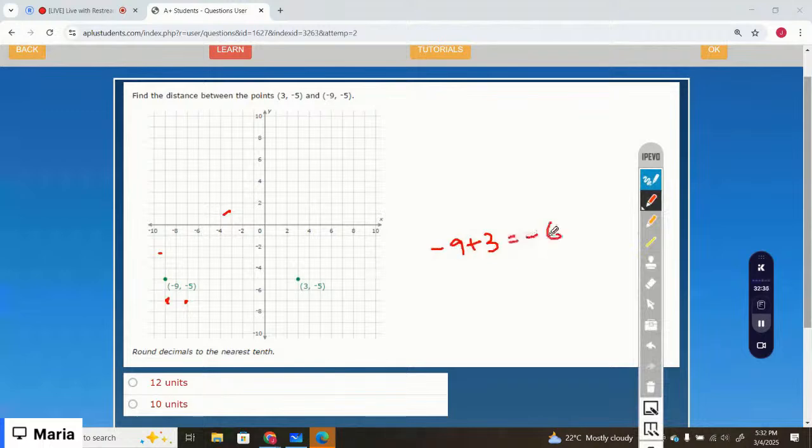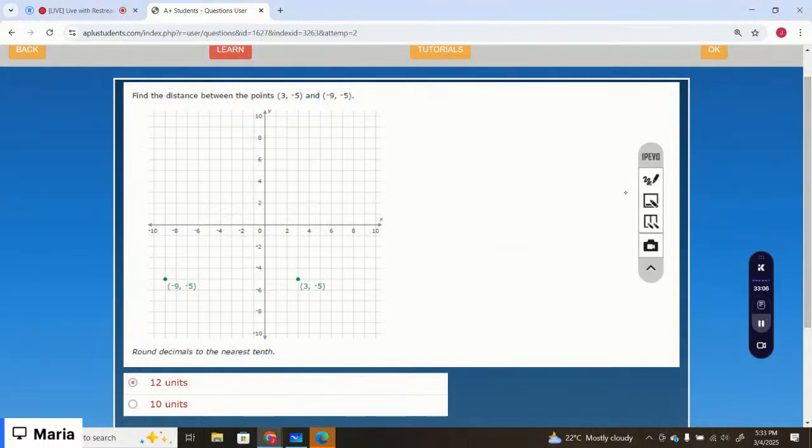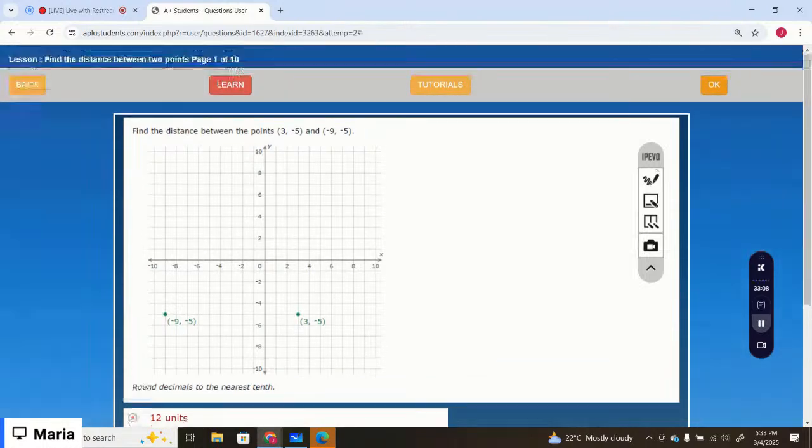The y coordinate is -5 for both the points, that is the same. So just calculate the distance between the x points, that is -9 and 3. That equals -12, but the distance is always positive. The distance between the 2 points is 12 units. Option number 1 is the correct option.